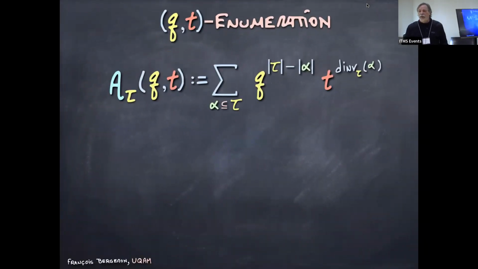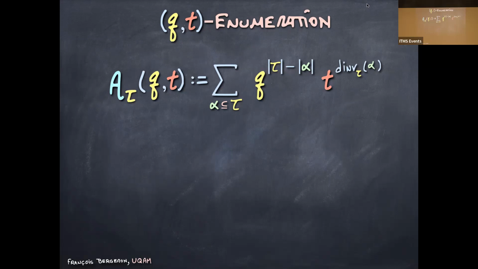Now we go on to the qt enumeration, and then the geometrical triangular story will come back and tell us interesting things. In this story, in the papers I mentioned by Blasiak, Morse, Pun, Summers, Haiman, I have to remember five names, this is linked to lots of interesting things.